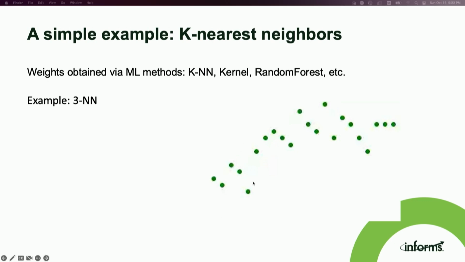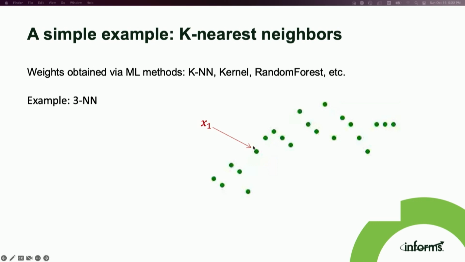Each dot here represents data collected with a specific feature value, and a different position represents a different value of x. The closer points mean that they have similar values of x. Suppose that this dot is our feature value x1, and that is the feature value that is given.